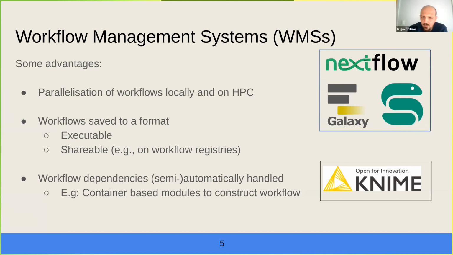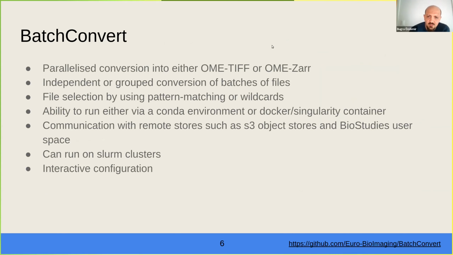And in our case, we are using Nextflow as part of our tool. Basically, the tool is named Batch Convert, and it can perform parallelized conversion, as I said earlier. It has two types of conversion modes, either independent or grouped conversion, which I will explain later. It is possible to select subsets of files using either pattern matching or wildcards.